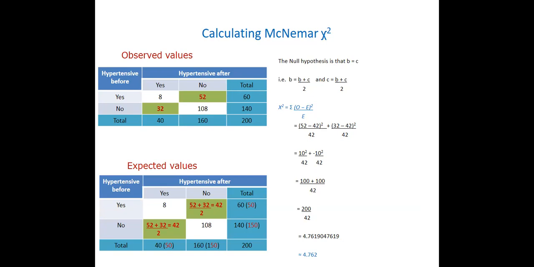If actually there's no difference, the change that moves from hypertensive to non-hypertensive is the same change that moves from non-hypertensive to hypertensive. That 84 should be equally shared among them. So if you divide the 84 into 2, it gives you 42, 42. That is the expected value in each of those two cells, the discordant cells.